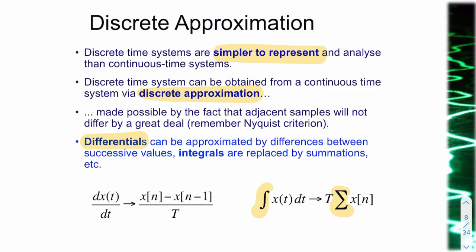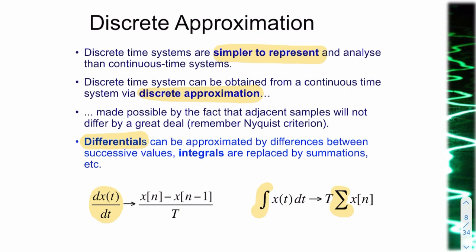If you imagine the first derivative of some continuous time signal x of t with respect to t, you can imagine that as being the difference of two consecutive samples, x of n minus x of n minus 1, divided by the time between them.